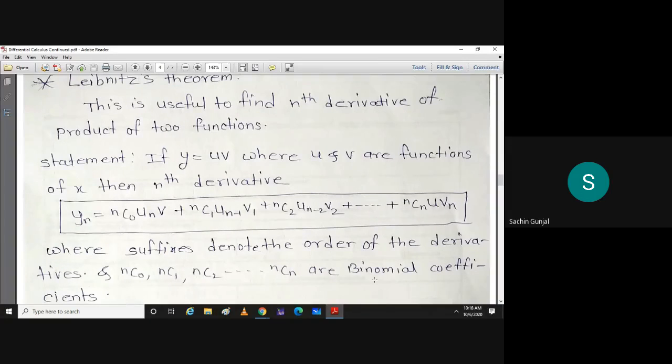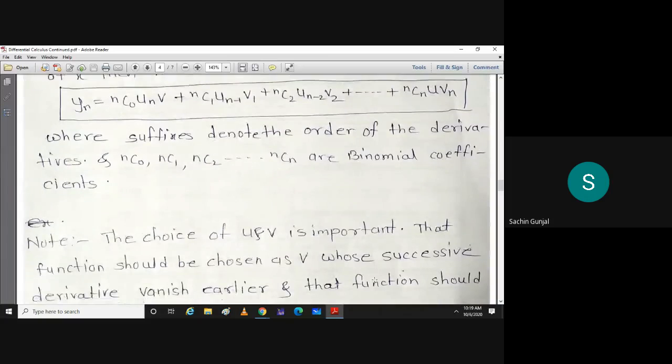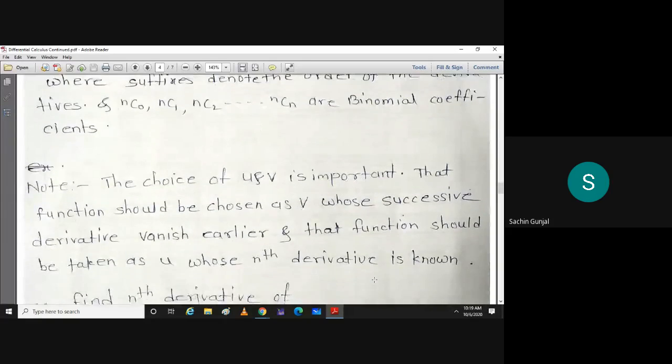Done? Yes, sir. This theorem is very important, because you can see the problems based on Leibniz theorem are interesting. So there is an important note: choice of u and v is important.